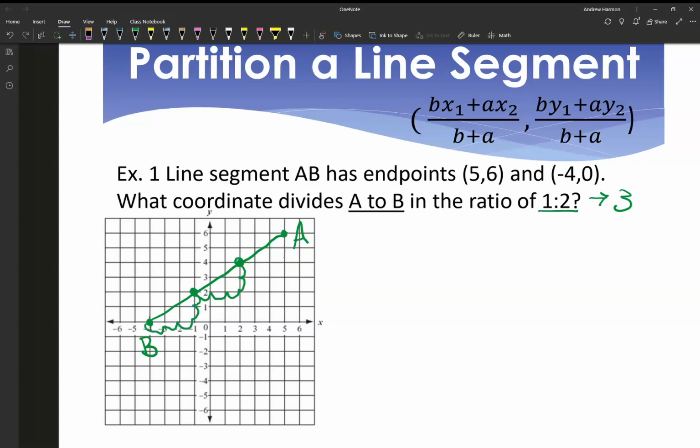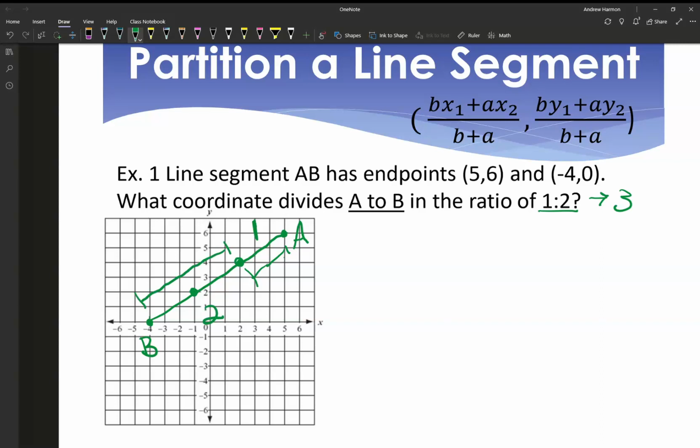Now, if you notice, all those pieces are equal. Do you see how this is 1 part here? From here to here is 1 part, and then from here to here is 2 parts of the same distance.